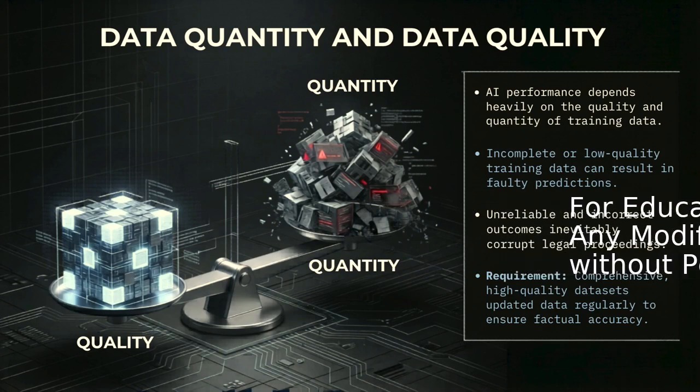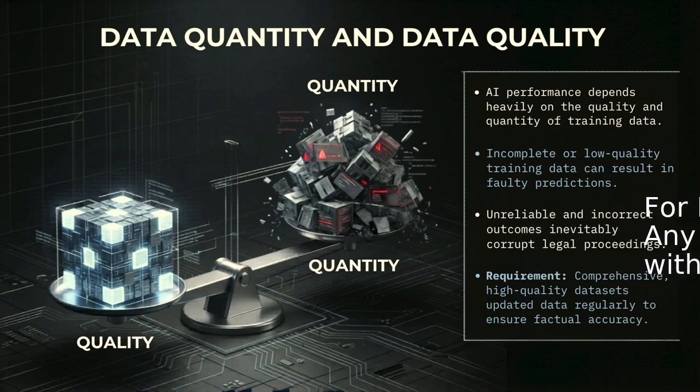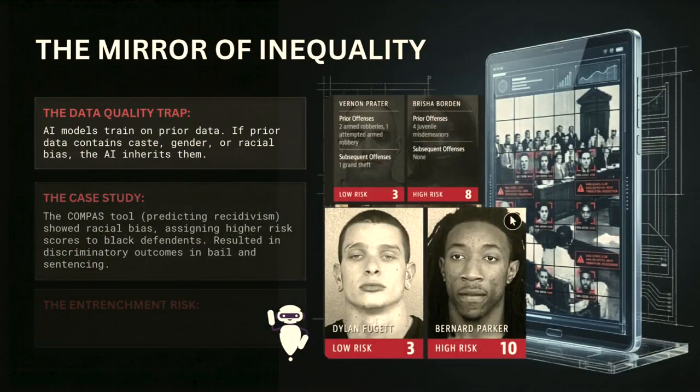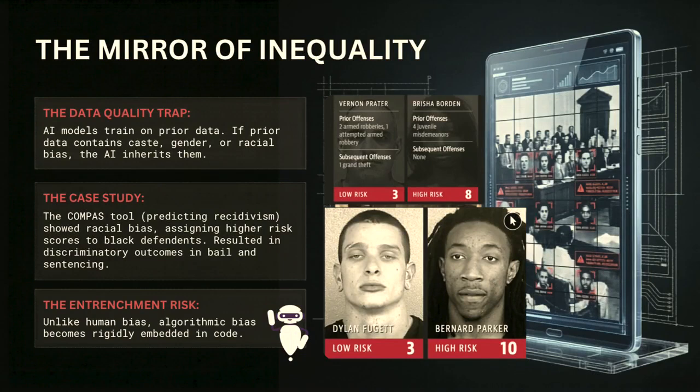To cope with this concern, we have to ensure that AI is trained on a high quality and verified data set, especially in the court setting. We need to verify the data before training the AI model, and also update data regularly to ensure data accuracy. And another concern is model bias.